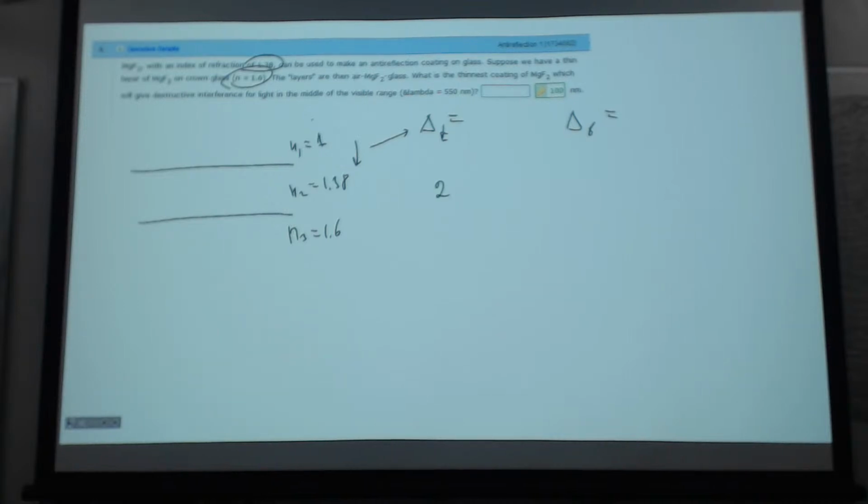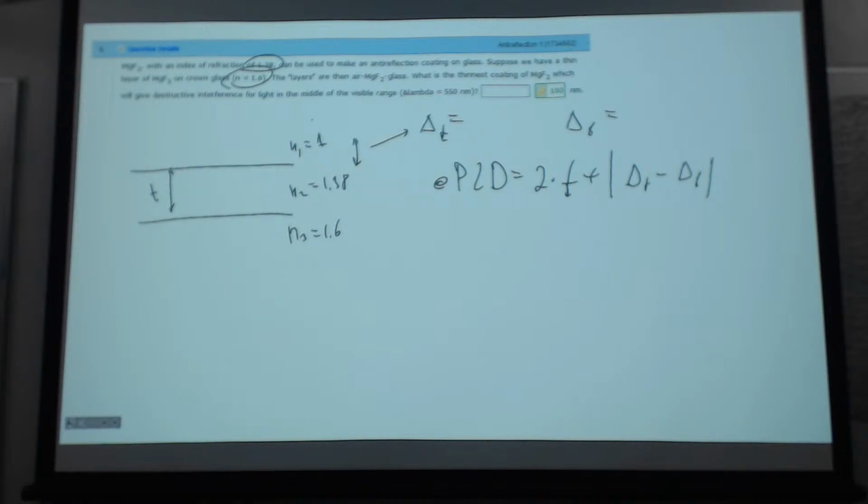The effective path length difference is equal to 2t plus this. And we need these variables in terms of the wavelength. You cannot use thickness in millimeters or nanometers, or degrees.